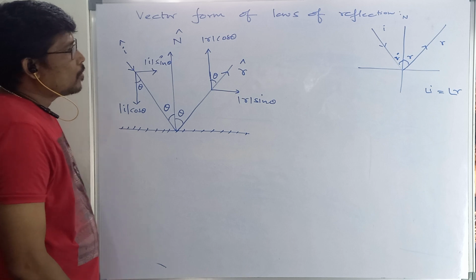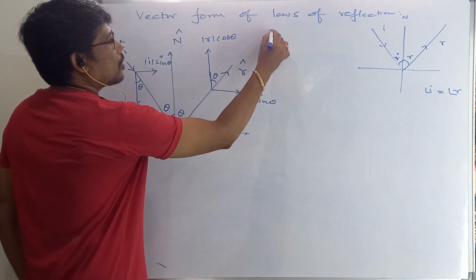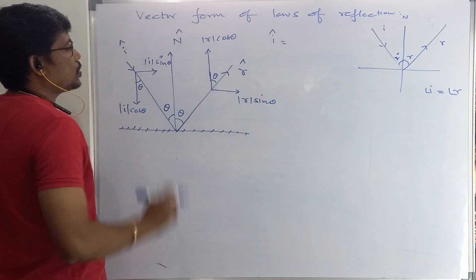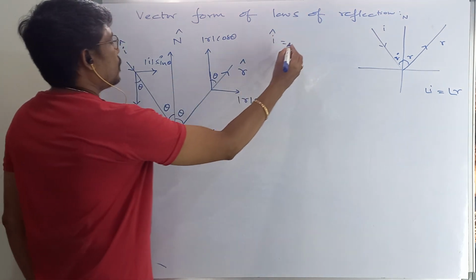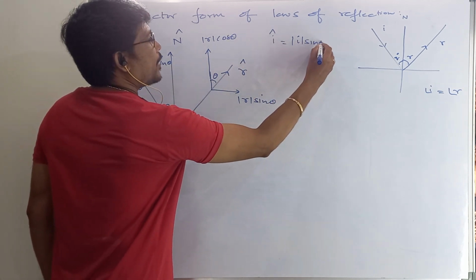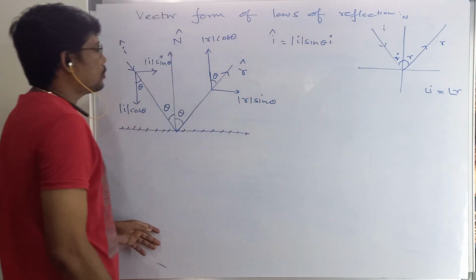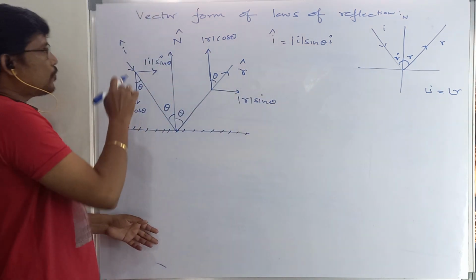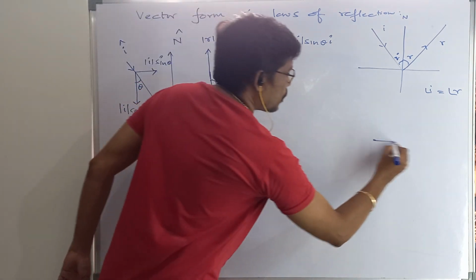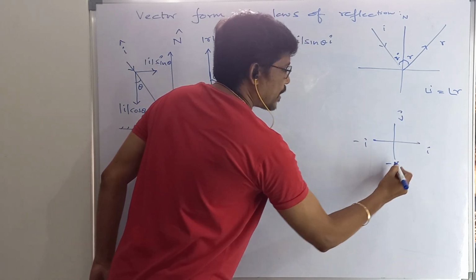Now I can write this as I cap is equal to I cap. See carefully. I cap is equal to x component. X component is modulus of I bar sin theta along x axis. If you consider this, this is i, this is j, this is minus i, this is minus j.